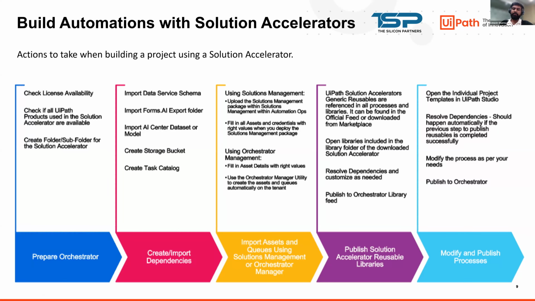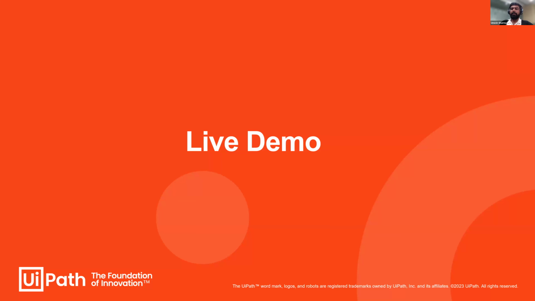The development time reduces by a significant amount, and the best part is it gives us a platform where the best practices are being followed. All right, that's about the theoretical part of it. Let's see the live demo, how to implement a solution accelerator to quickly get started with the development.